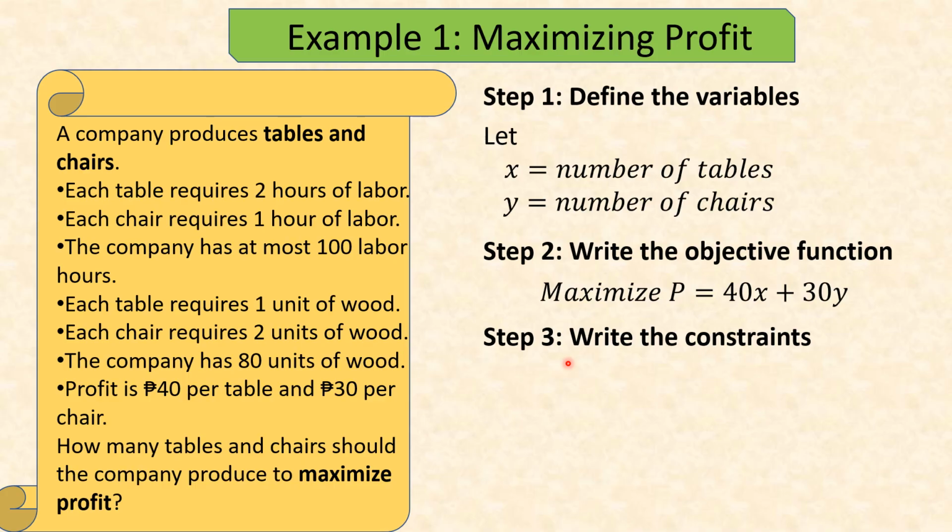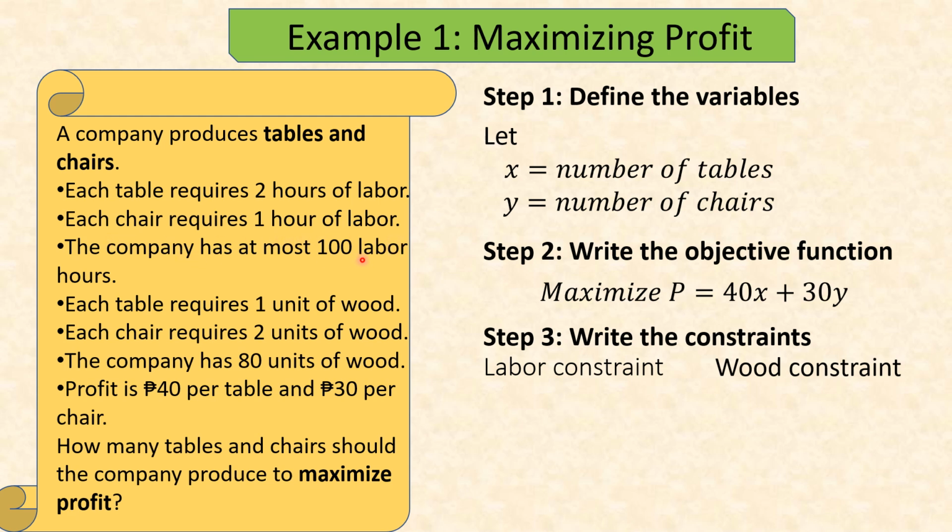Then we have step 3, the constraints. In order to produce the tables and chairs, we have two constraints. The first one is the labor constraint, and the other one is the wood constraint. For the labor constraint, each table requires 2 hours of labor, while each chair requires 1 hour of labor.